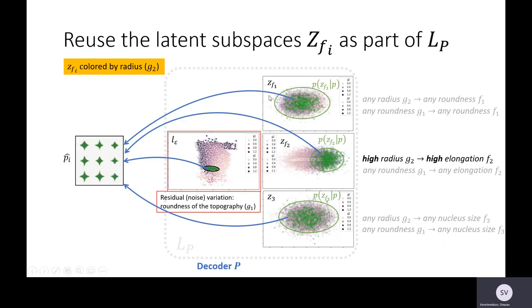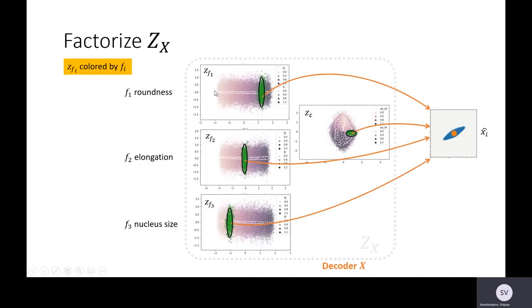If we take a closer look, for example, at the subspace ZF1, and we encode some topography to the region in the space ZF1, which is the probability of ZF1 given P, the green distribution, we can see that any topography of any radius or any roundness will map to the full distribution ZF1, because ZF1 was initially structured according to the roundness feature of the cell.